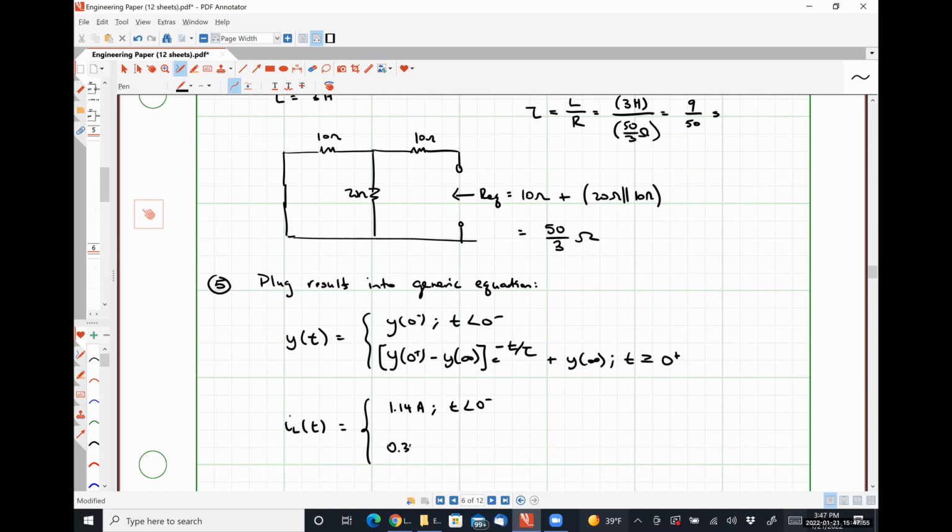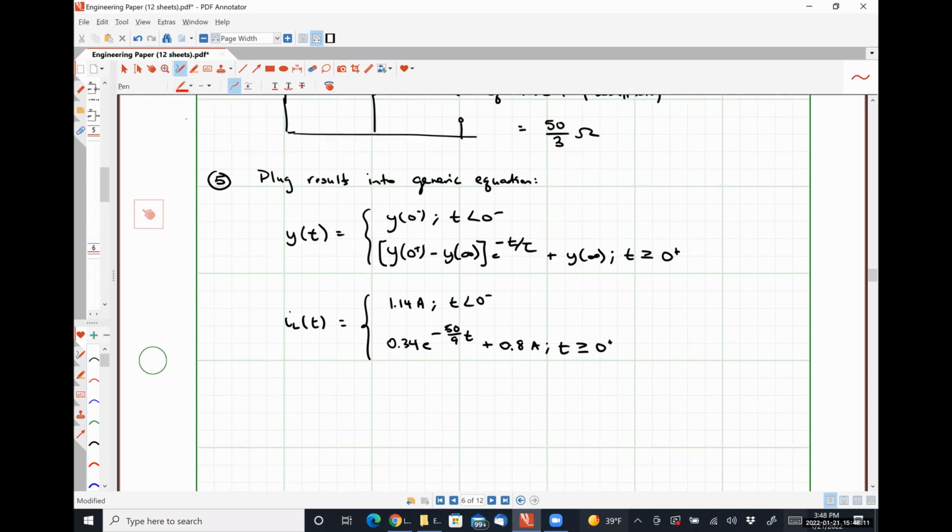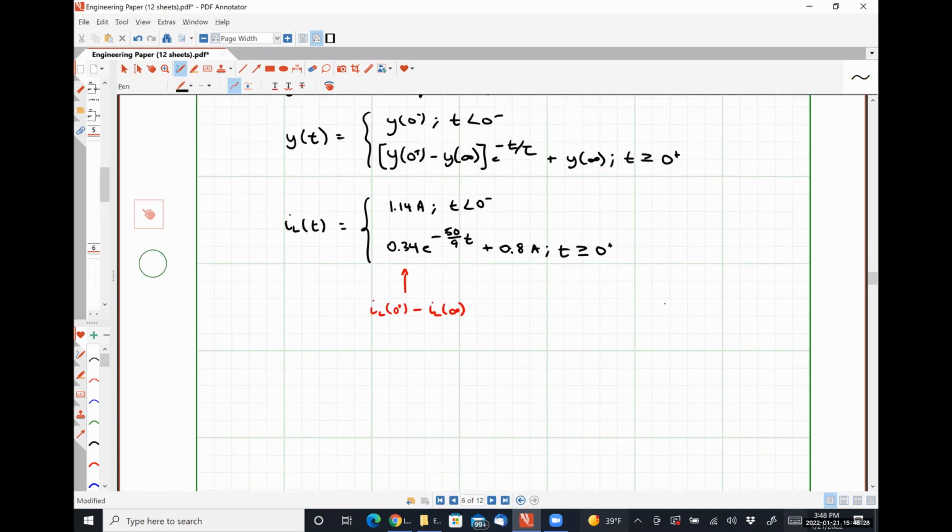So 0.34 e to the minus 50 over 9 t plus 0.8 amps for t greater than or equal to 0 plus. And I'm just going to make a note real quick here. This is IL at 0 plus minus IL at infinity.